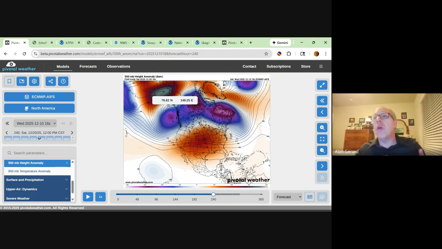So even though there will be some breaks in some of the precipitation in the northwest, this overall atmospheric river type pattern, where we have systems moving into the Pacific Northwest with strong moisture transport into the region and heavy rainfall, looks like it's going to be going on for a number of days.